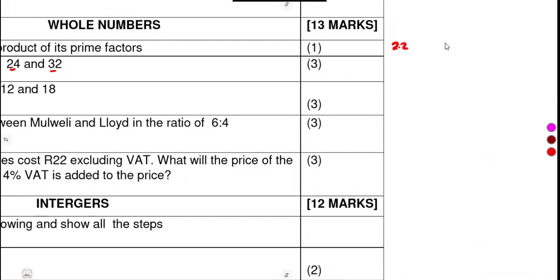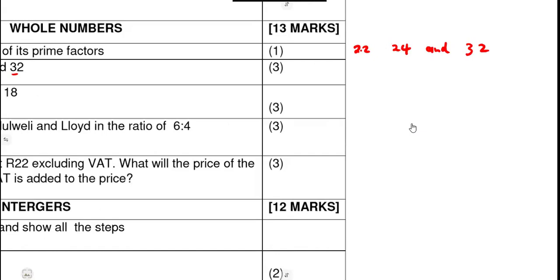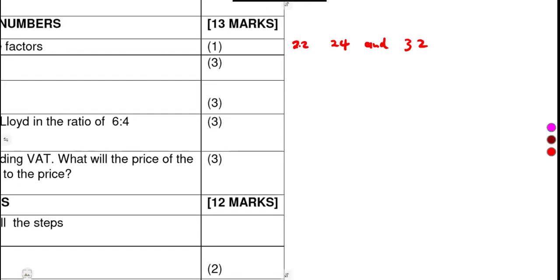We've got the numbers 24 and 32. Just like the previous case, we are going to start with our prime numbers, 2, 3, 5, 7, 11. So you're going to start with 2.